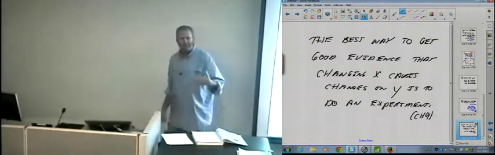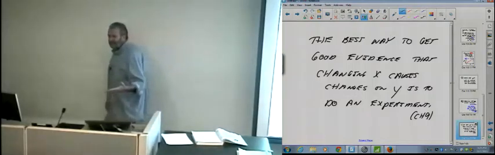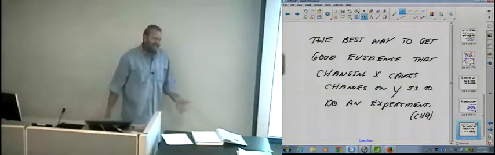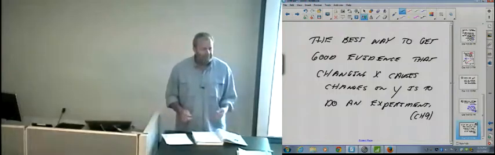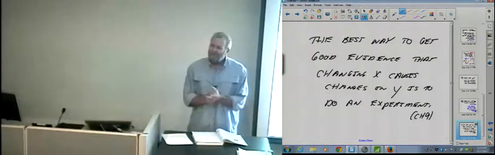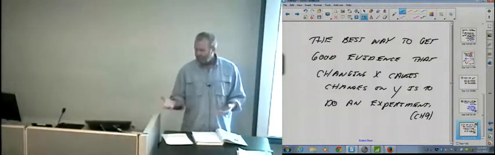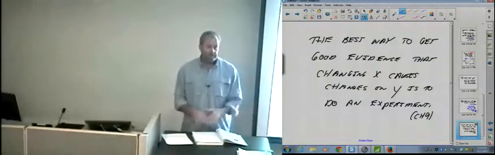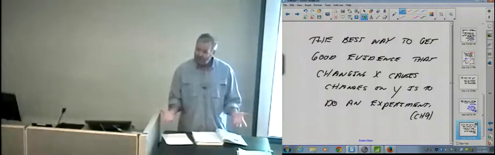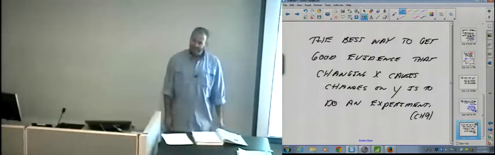You ever heard the little story about smoking causes lung cancer? Well, for me to do an experiment on that just off the top of my head, I'd have to have like 100,000 people. 50,000 of them are never going to smoke. The other 50,000, I'm going to make smoke a pack of cigarettes a day for 30 years. You want to let me do that to anybody? And the answer is no.